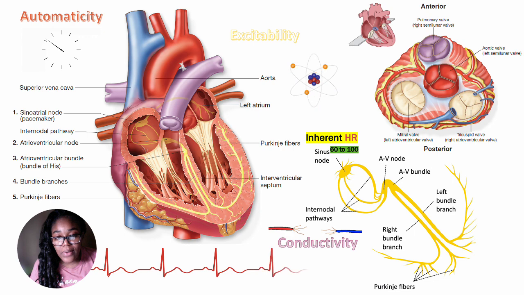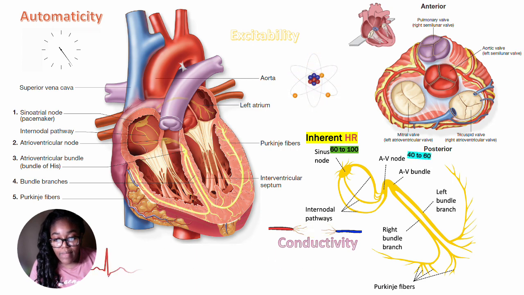Well, the sinus node has an intrinsic heart rate or pulse of 60 to 100. When you drop down to that AV node, the new heart rate or pulse that comes from that is 40 to 60. And then after that, from 40 to 60, it jumps down to 40 or less than 40 as we move down the bundle branch and into the Purkinje fibers.